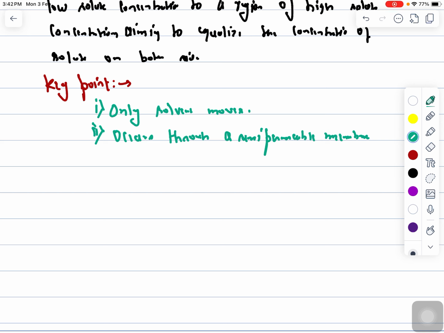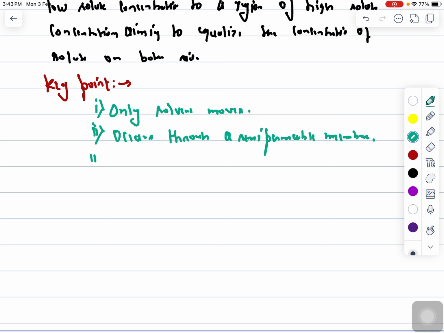If any other membrane is there, then osmosis cannot occur. So you have to understand whether that is a semi-permeable membrane or not. If a semi-permeable membrane is not there, then you can say that osmosis cannot occur.